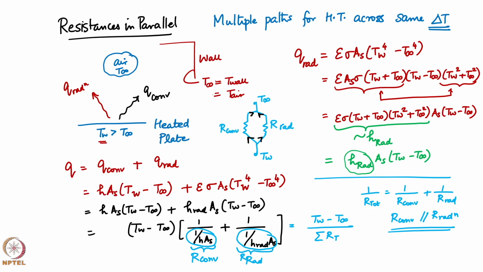Remember, this h radiation is not a constant. It is a very strong function of temperature. You have, see, T w squared plus T infinity squared, T w plus T infinity, etc. It is not a constant. It is a group of terms which are used so that we can simplify our calculations, especially when we are doing typical convection and conduction problems.